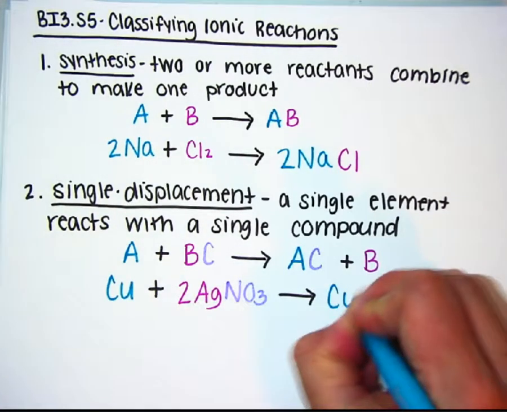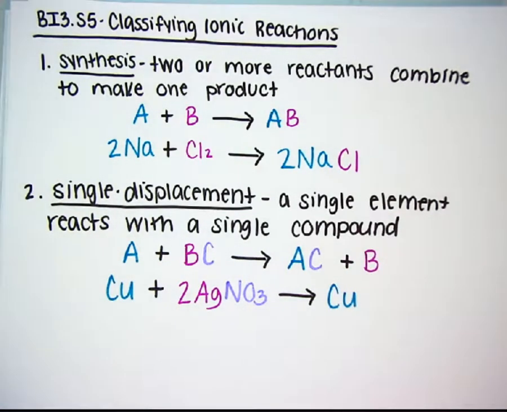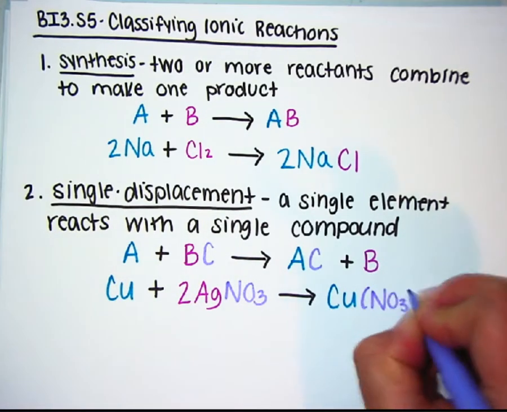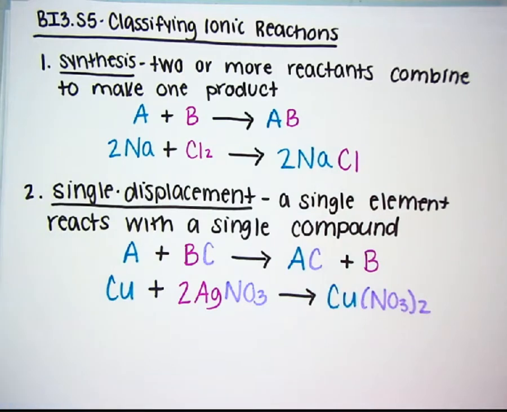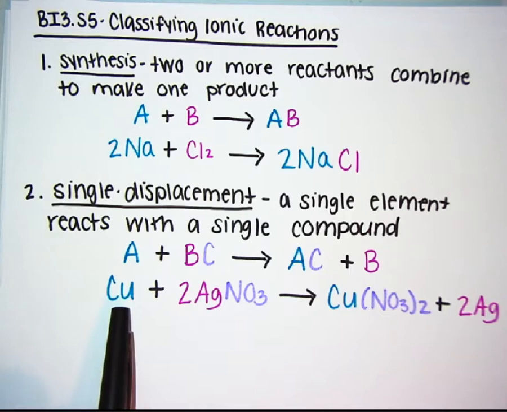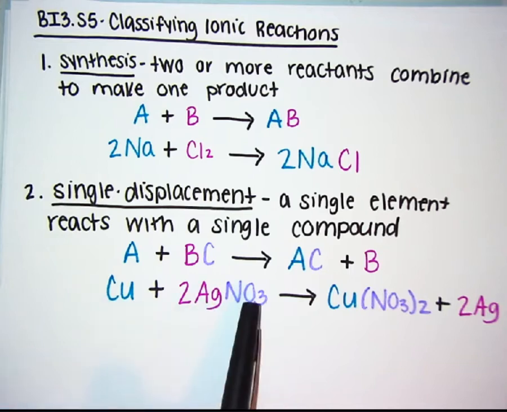So now the ionic compound is formed between copper and nitrate, and silver got kicked out. So now silver is by itself.